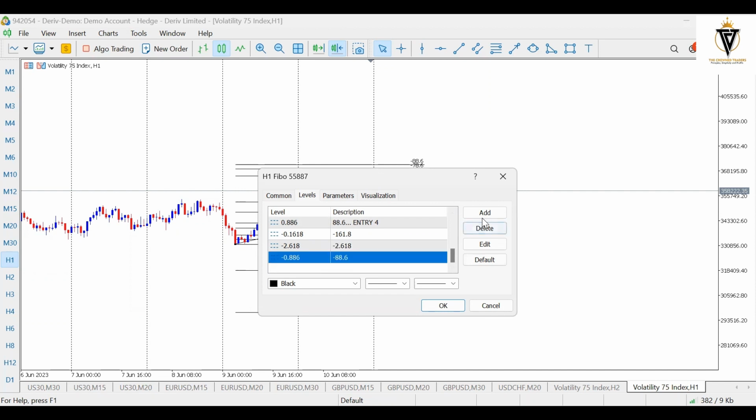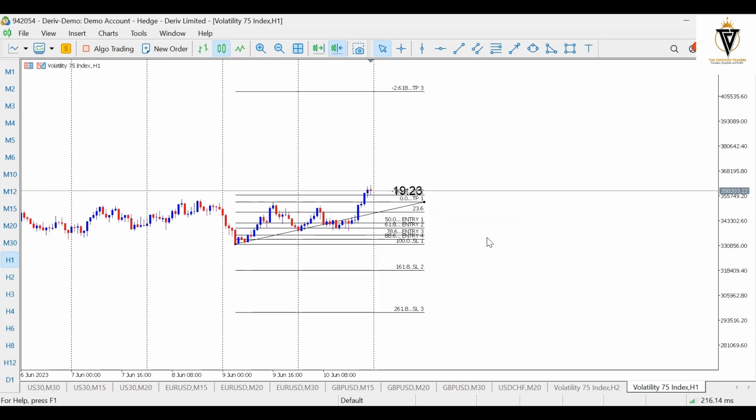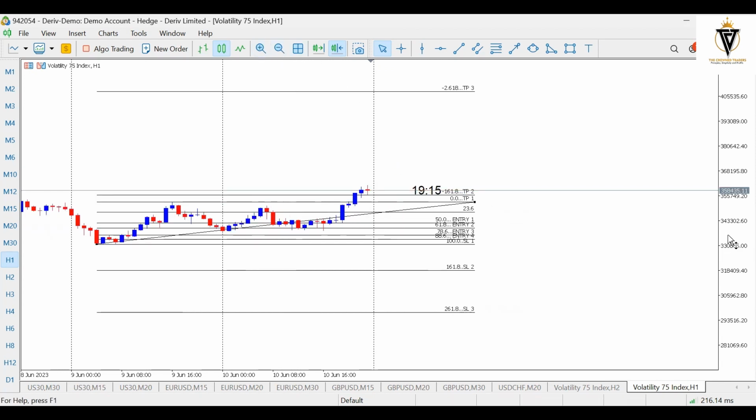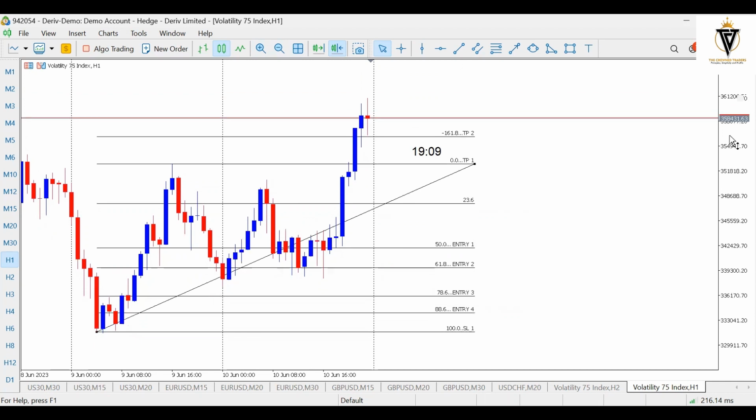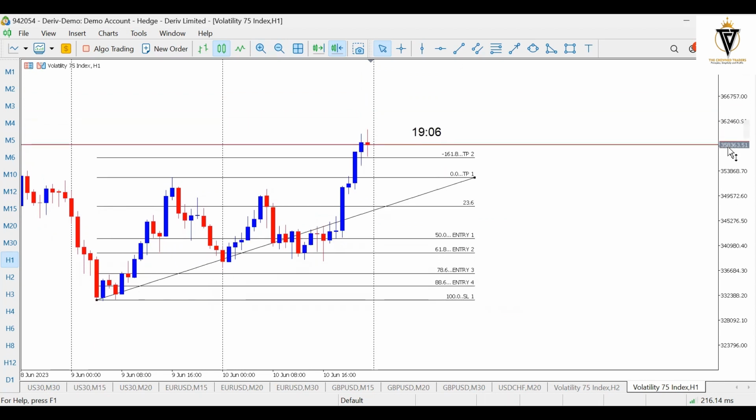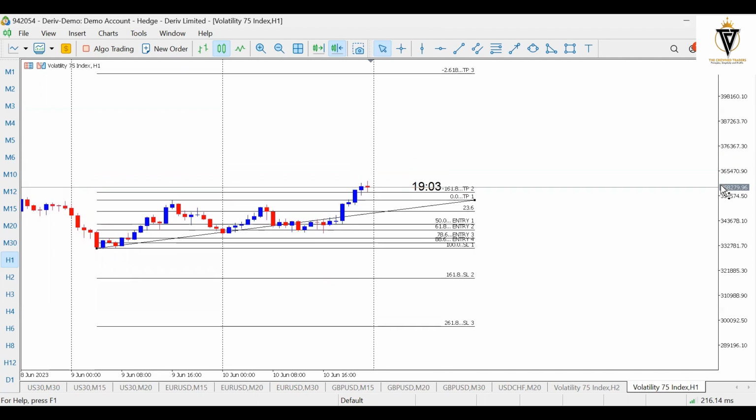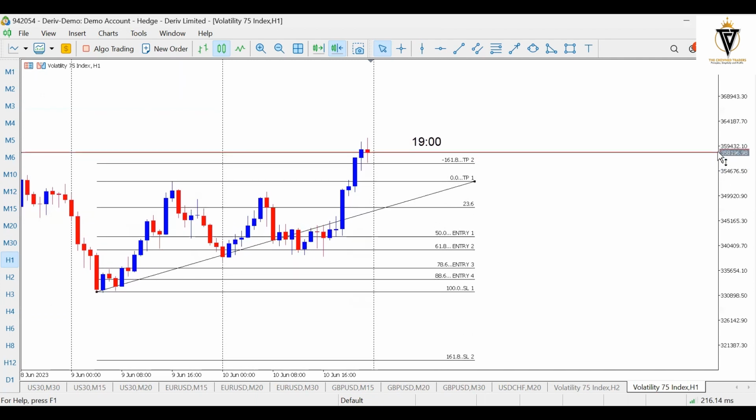Beautiful. And then I delete this. So let's see that now. These are TP2 and TP3. Let's see. And that's beautiful. Good. That's it.